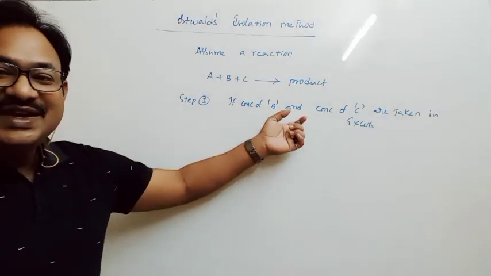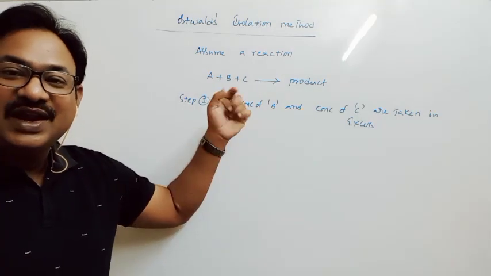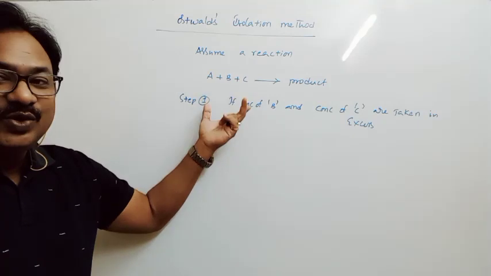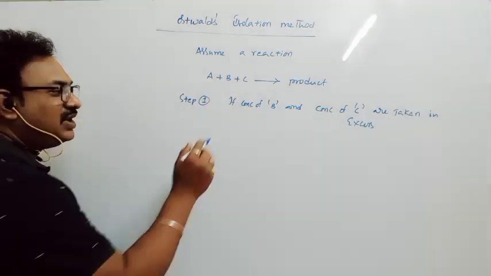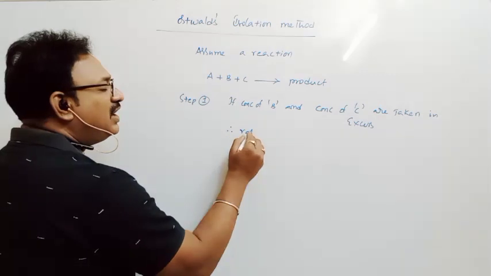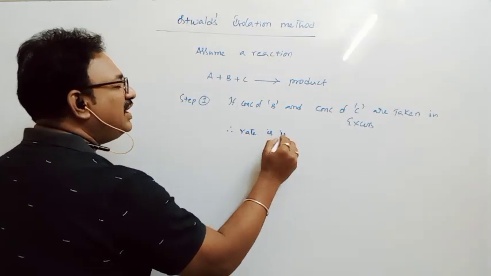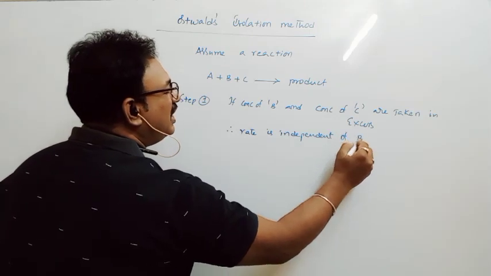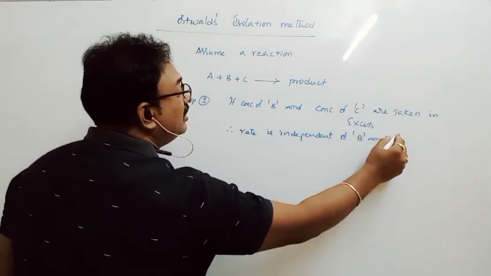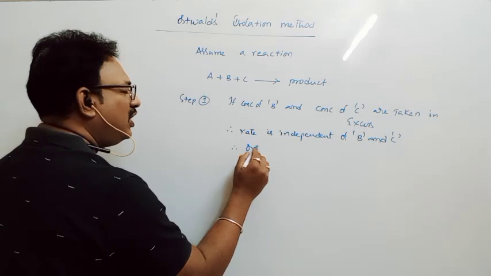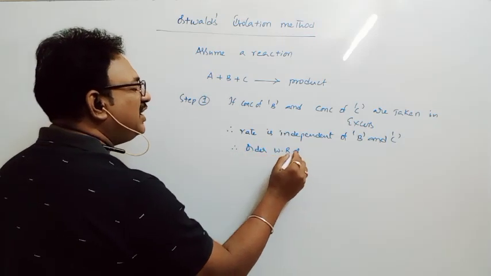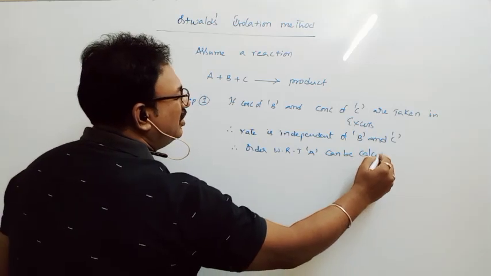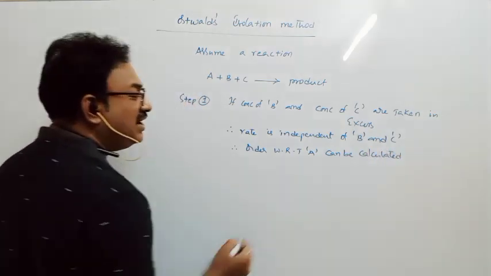So by taking B and C in excess, what happens? Rate depends only on A. Therefore, rate is independent of B and C. Therefore, order with respect to A can be calculated.